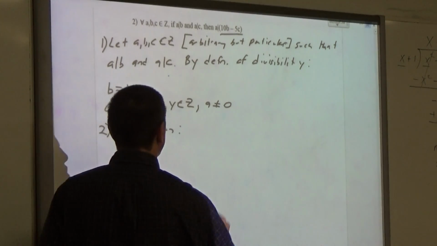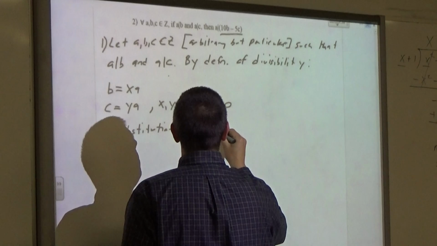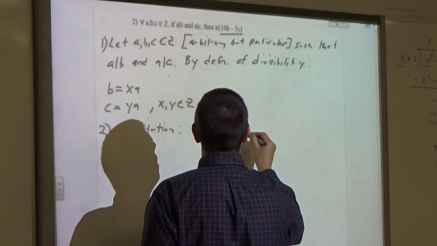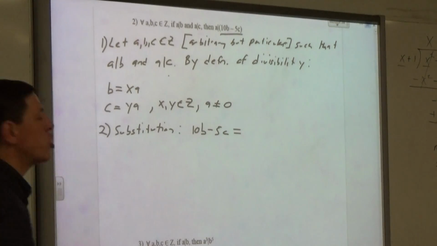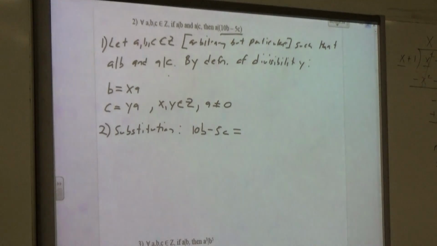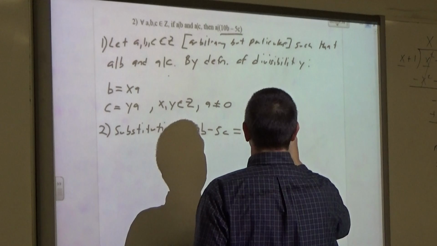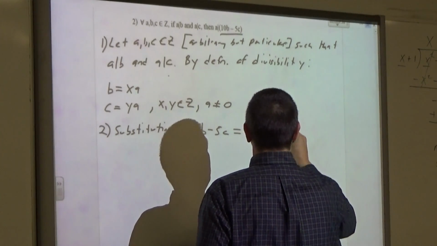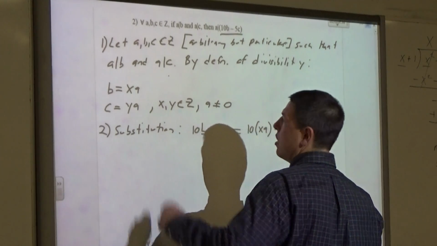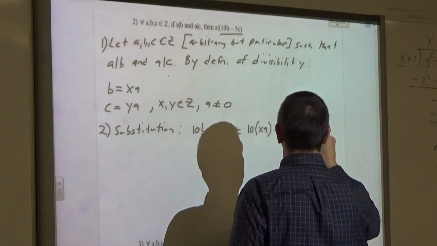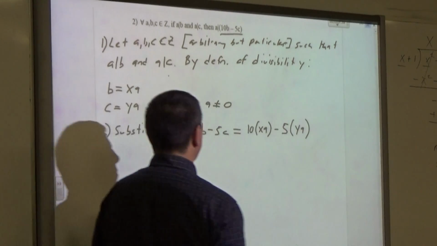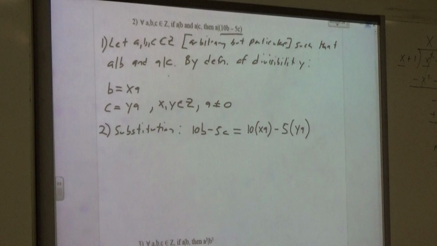So by substitution, 10b minus 5c is going to be equal to what, please? 10xa minus 5ya. 10 times xa minus 5 times ya. Perfect. We just utilize the definition from the previous step. Okay, I don't think that's a big deal. I think everyone's good with that.